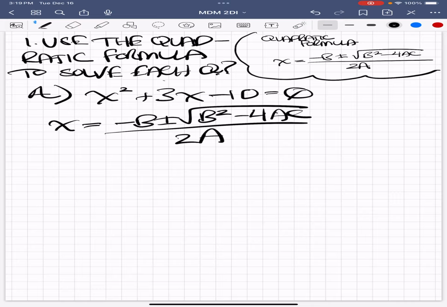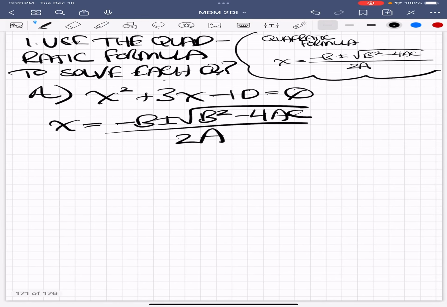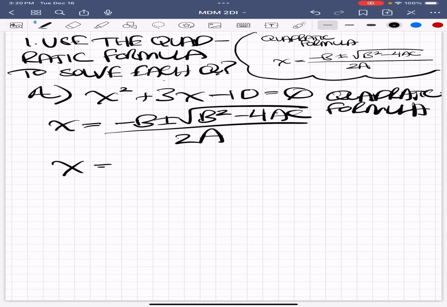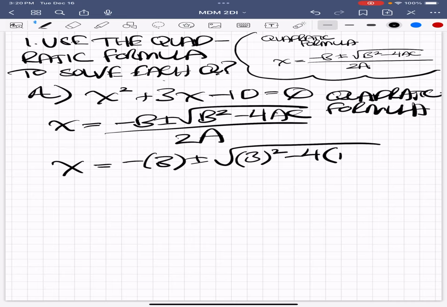And then we input our values of a, b, and c.